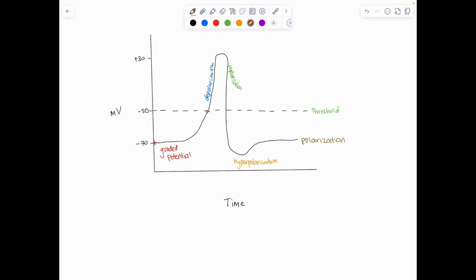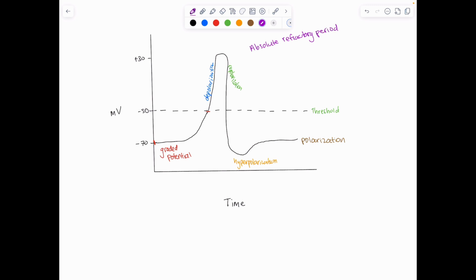A couple other terms to know: during the depolarization and repolarization phase, this phase right in here, we have what you call your absolute refractory period.